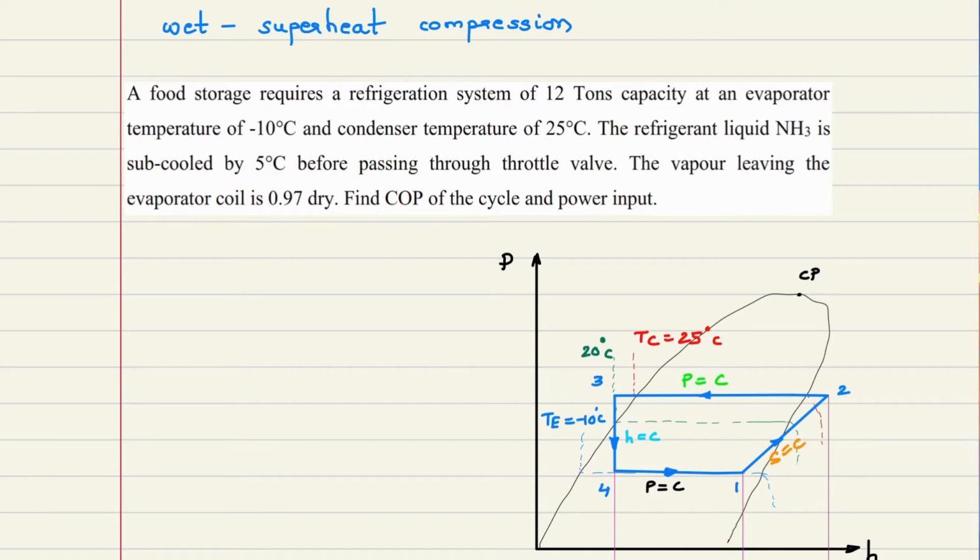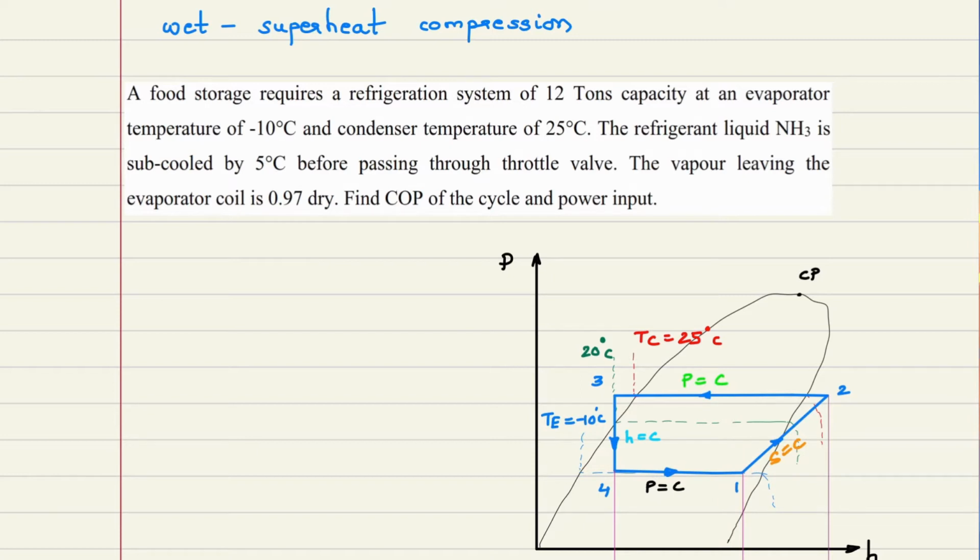That H1 we will plot from the x-axis. We will draw on the pH diagram 25, then -10, and from the x-axis we will take that H1 value, and wherever it cuts this horizontal, that will be point 1 on the pH chart.